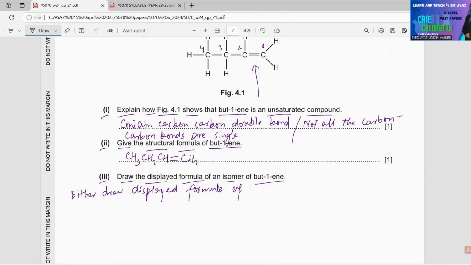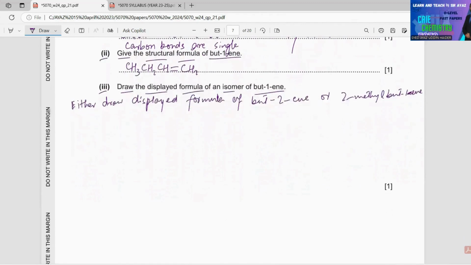You can also have but-2-ene. Now the next isomer must be 2-methyl but-1-ene. So you can draw the displayed formula of any of these.